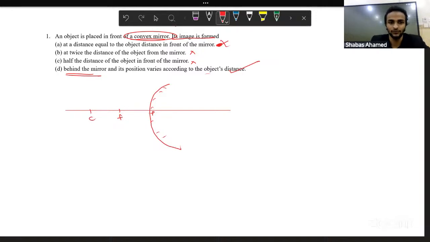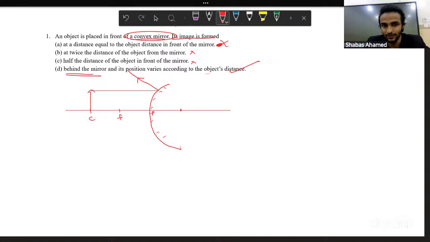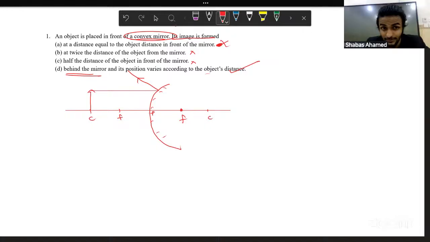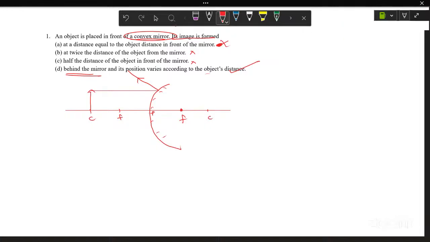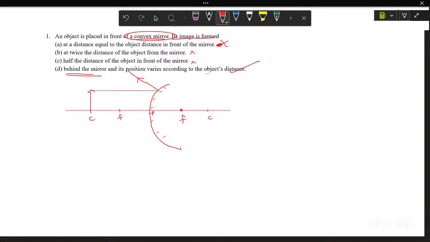If I have an object here at the center, a ray parallel to the principal axis, the image will be formed on the other side. So here the focal length will be from the pole to the focus, and the center of curvature. Should we mark it on both sides or only one side? Mark it on the right side only.